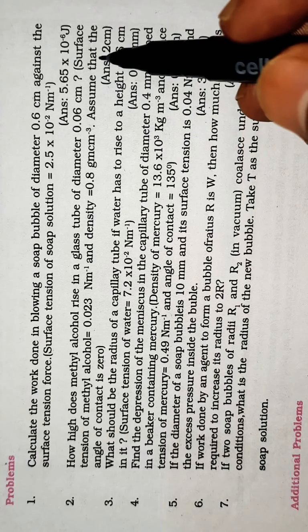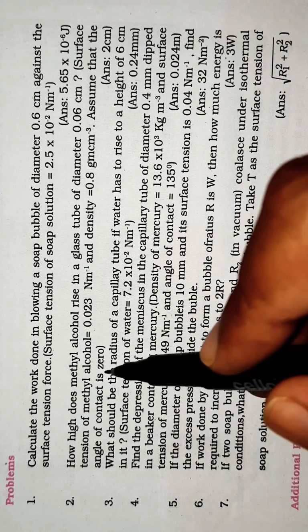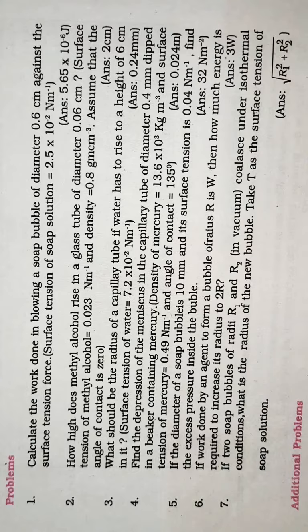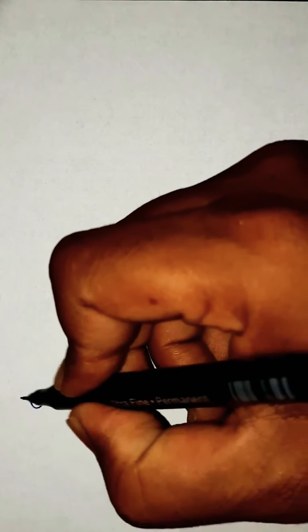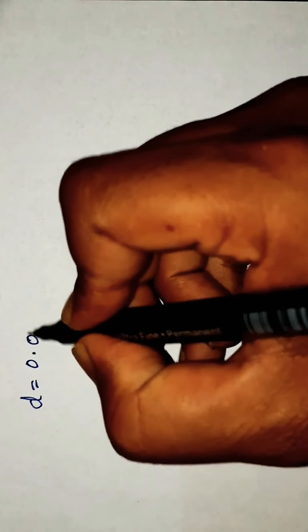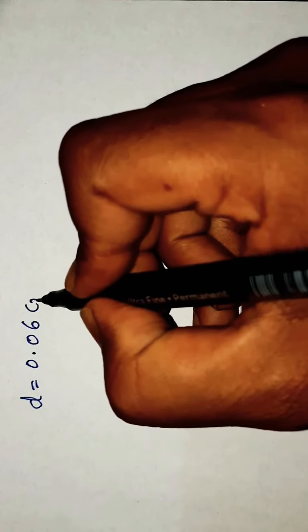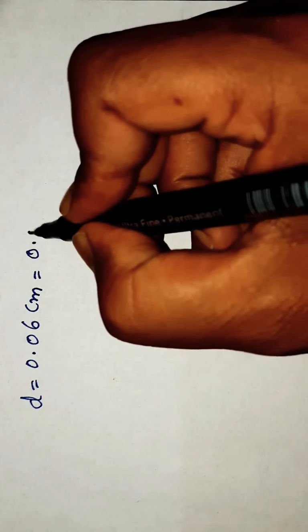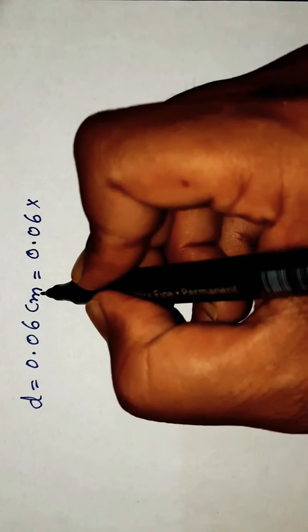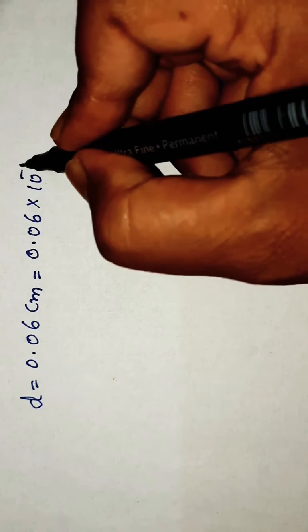Assume that the angle of contact is 0. In this problem, the diameter of glass tube is given. Here D is equal 0.06 centimeter. So that is 0.06 into 1 centimeter is equal 10 to the power minus 2 meter.